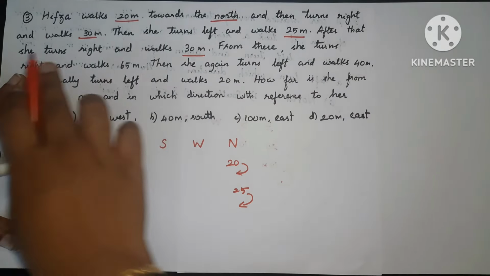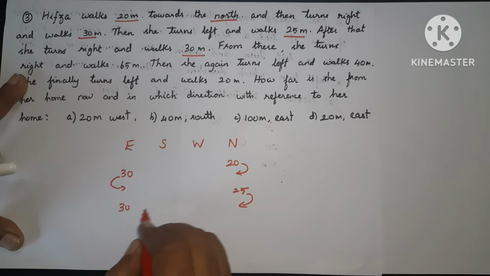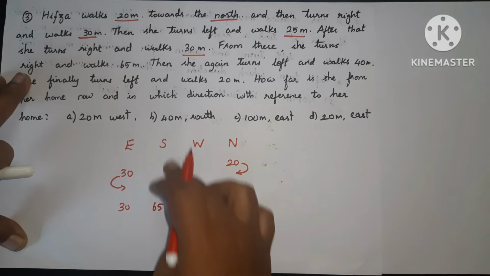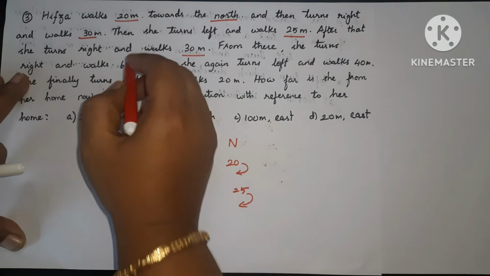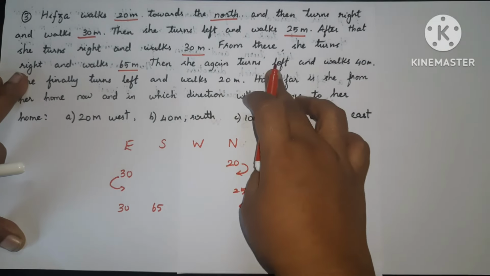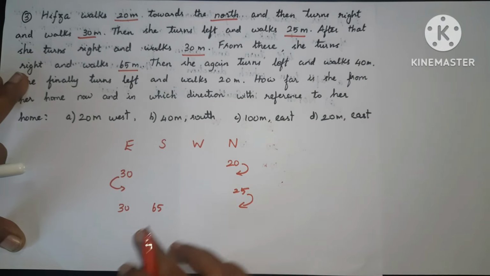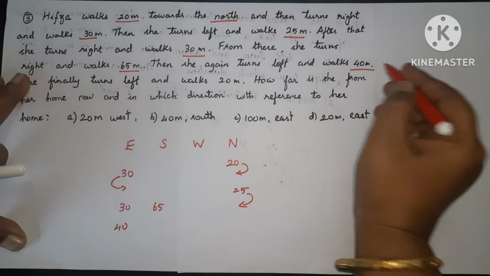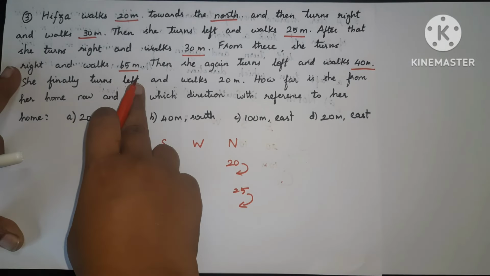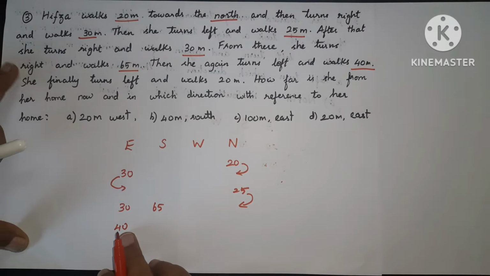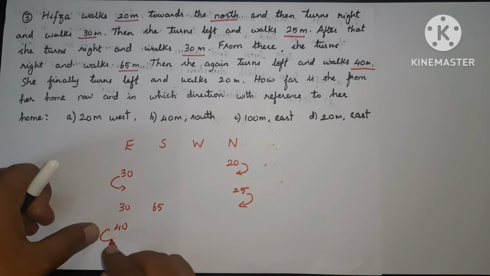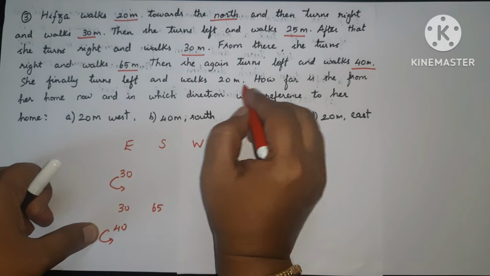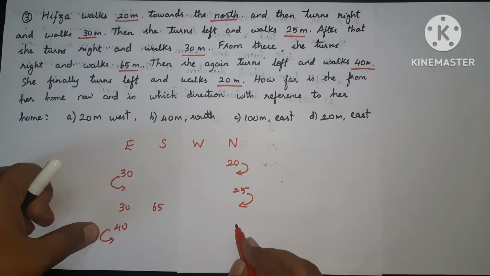From there, she turns right again, which means south direction, and walks 65 meters. Then she again turns left and walks 40 meters. So left is this side, 40 meters. She finally turns left and walks 20 meters. So left again, comes to north, and she walks 20 meters.